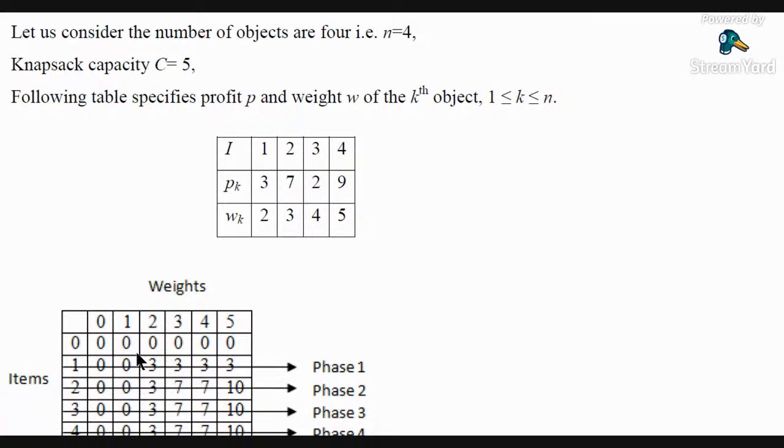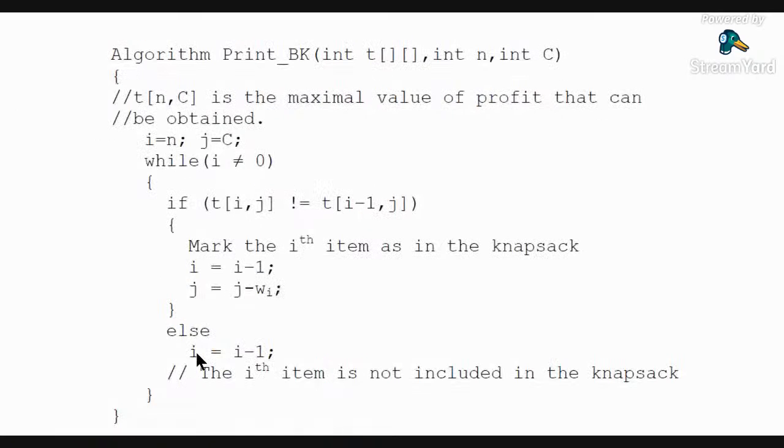Then similarly we will check if T[i][j] is less than T[i-1][j]. Here it means that the third object is included. So the third object is included, and similarly we will see the rest. So based on this algorithm, we will be deciding which object is included and which object has not been included.